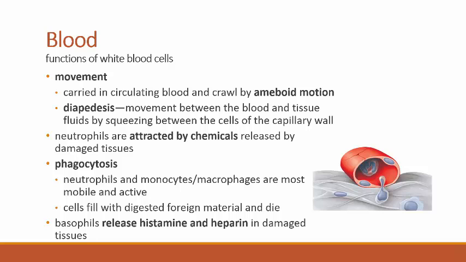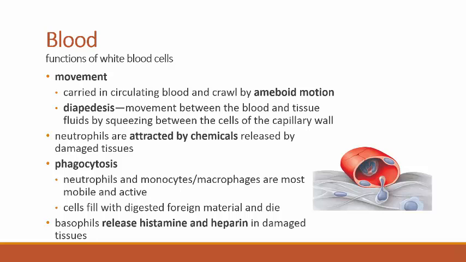So if they're trying to find a chemical signal that's being released by damaged tissues, for instance, they might slide past the site of damage. They get that big hit of chemicals being released by the damaged tissues. They can slow themselves by grabbing hold of the side of the capillary wall and then crawl backward by amoeboid motion. So that's how amoebas crawl around.